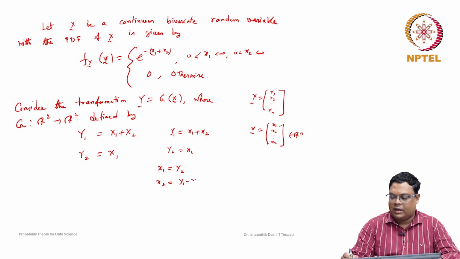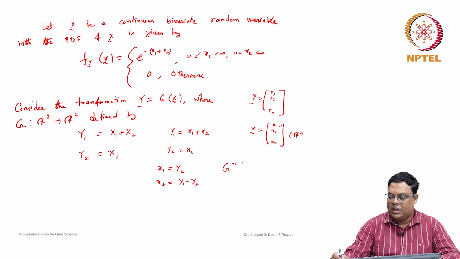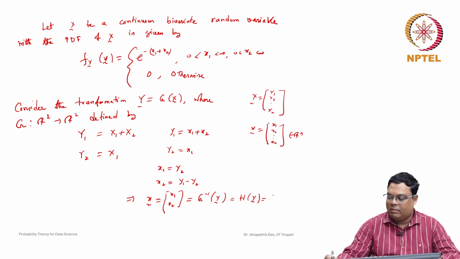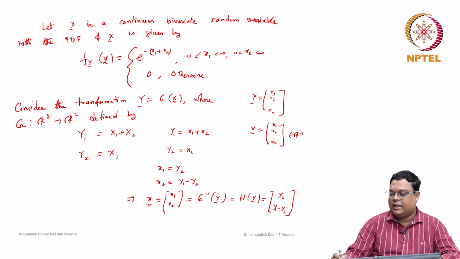So x is g inverse of y, which is defined as h of y. This is nothing but x1 equal to y2 and x2 equal to y1 minus y2. So this is the inverse.